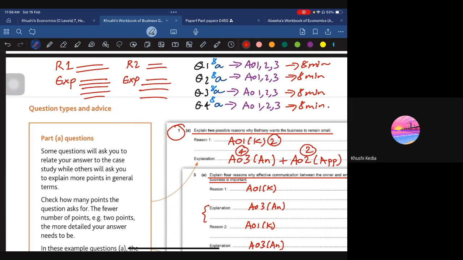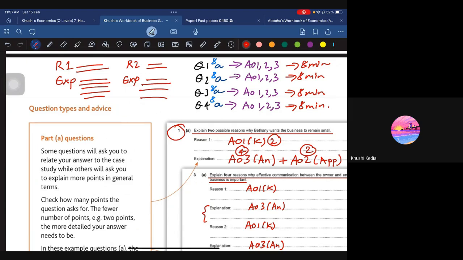You understand that? Yes, sir. So they will be marking you like this here. So when we say that the analysis is a bit lengthy, it means that we have to provide a good chain here.